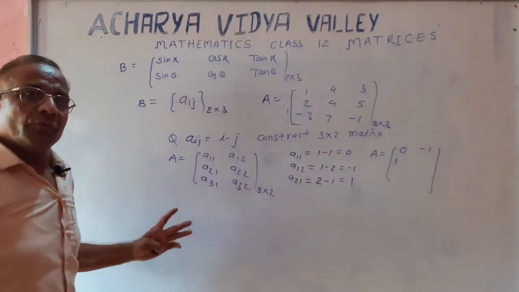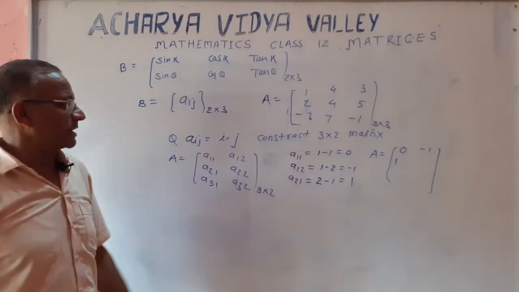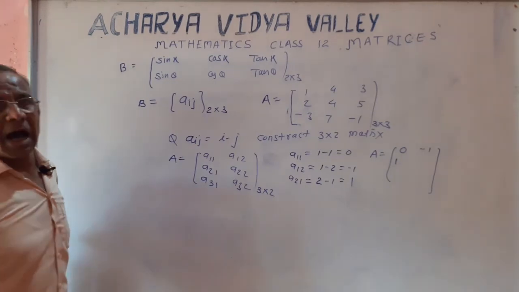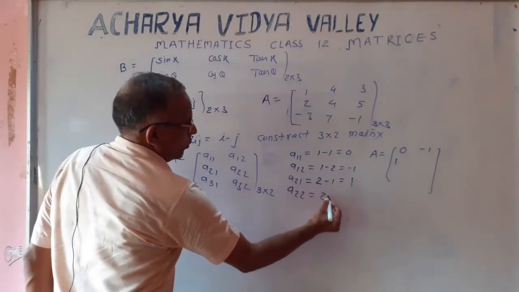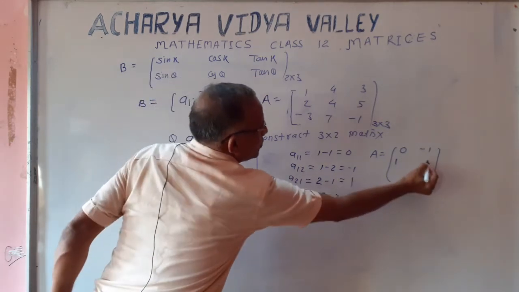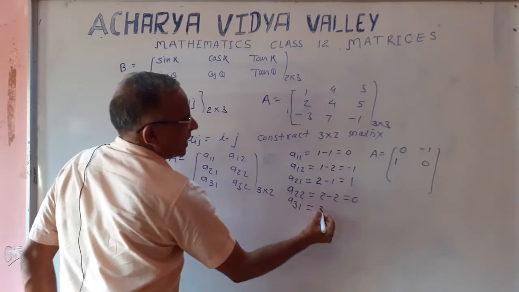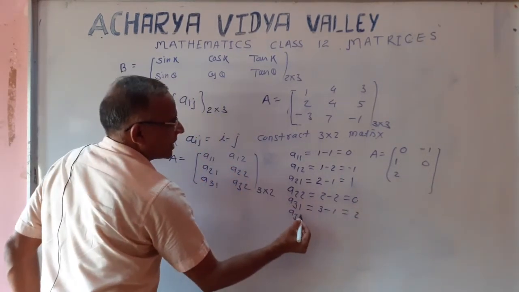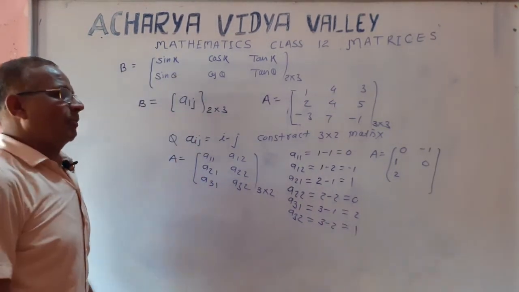Similarly, we calculate all elements of the matrix using the general formula Aij equal to i minus j. A22: 2 minus 2 equal to 0. A31: 3 minus 1 equal to 2. A32 equal to 3 minus 2 equal to 1.